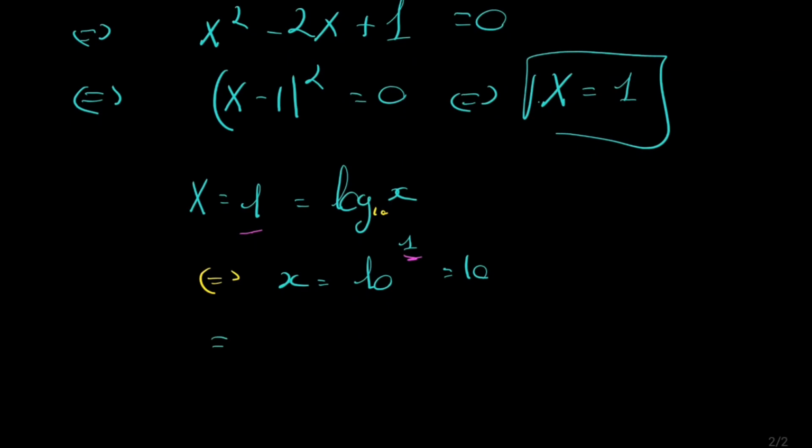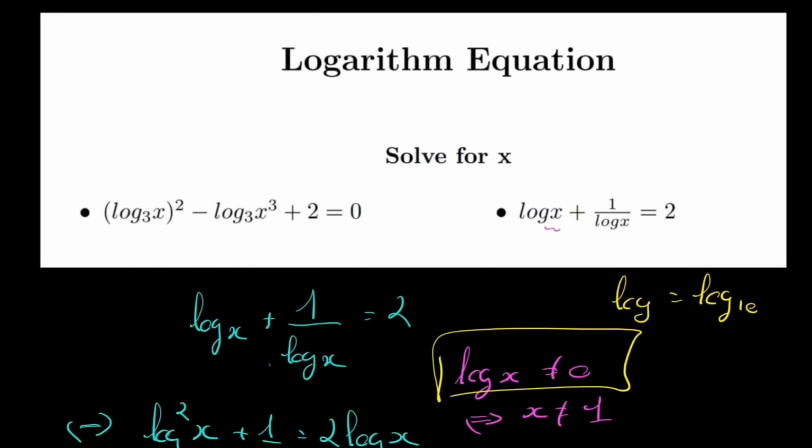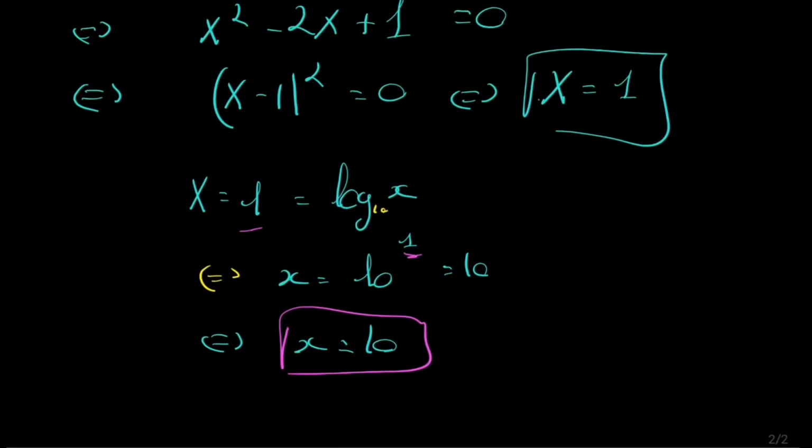And our solution is x is equal to 10. Is this okay with the equation? Yes, because when x is equal to 10, the thing inside the log is greater than 0, and this thing is greater than 0 and different from 1, because we do not want to divide by 0. And we have solved the whole exercise.